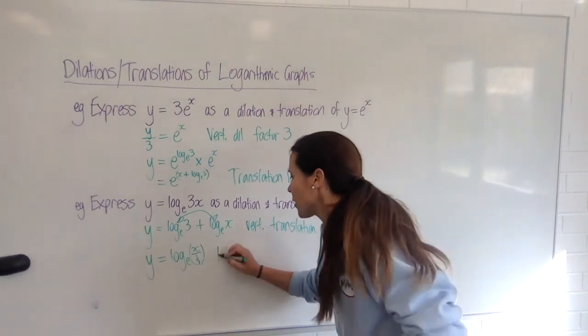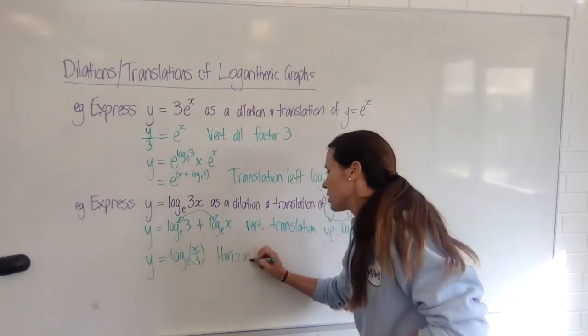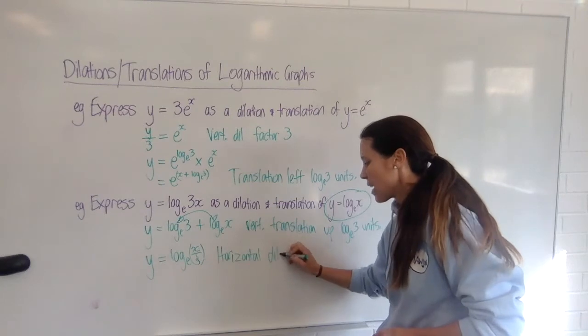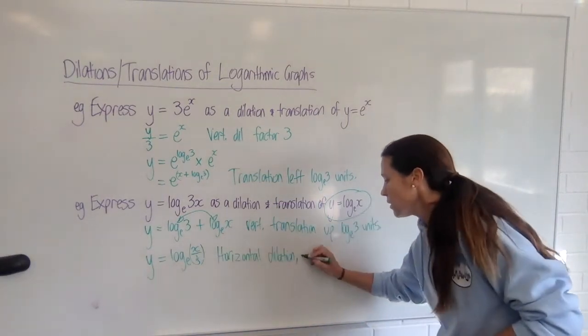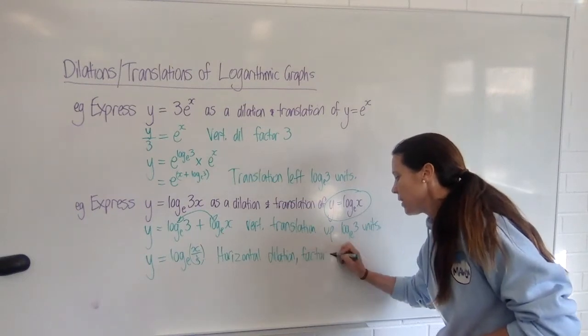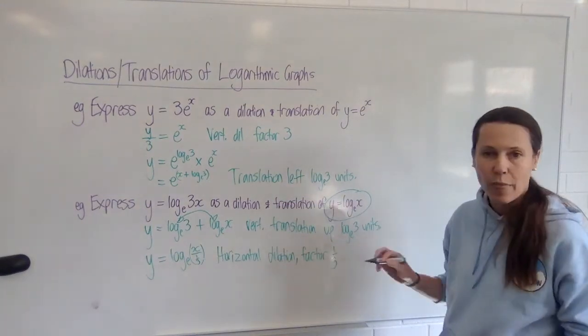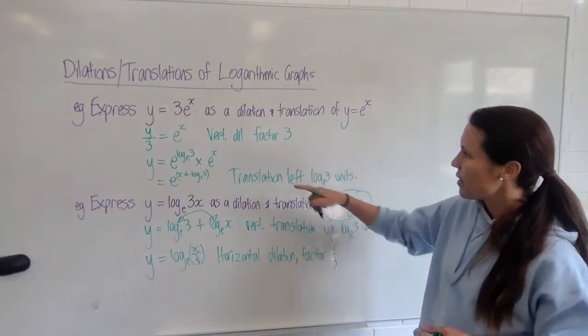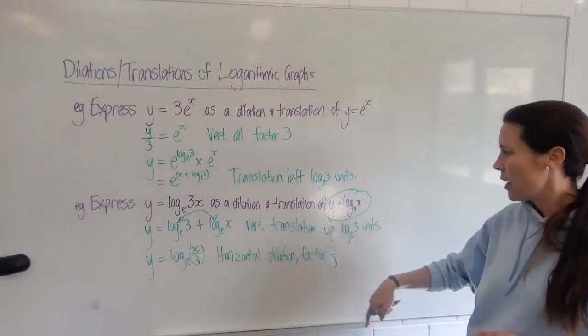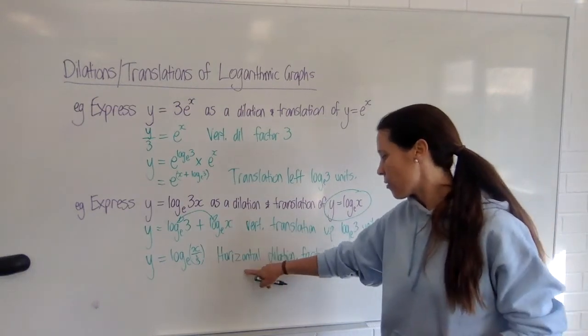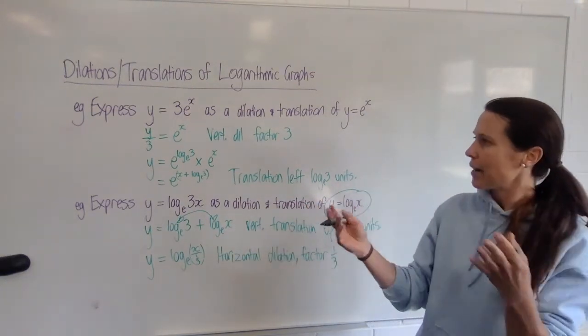So here I've got a horizontal dilation because it's the x value that's been changed. It's been divided by something, and the factor is what it's been divided by, and that is, in this case, 1/3. So you can see here, vertical dilation goes with horizontal translation, and vertical translation goes with horizontal dilation. They work back to front from each other.